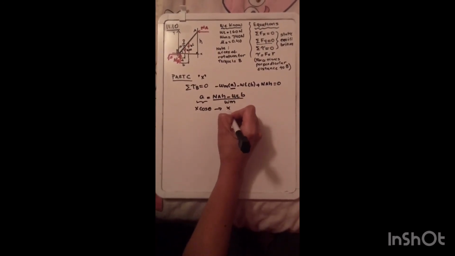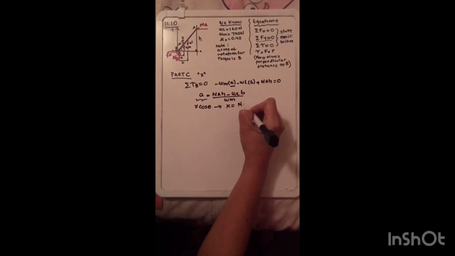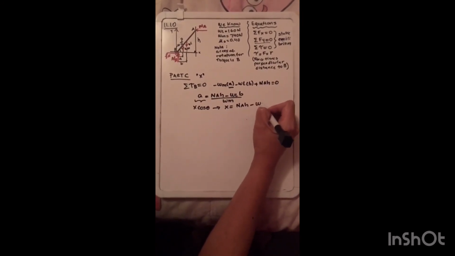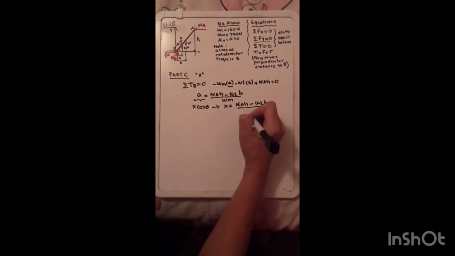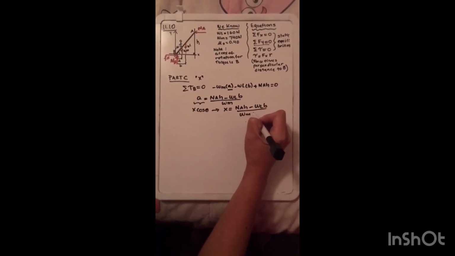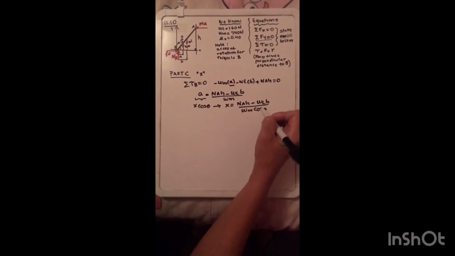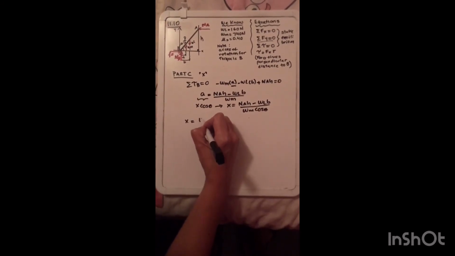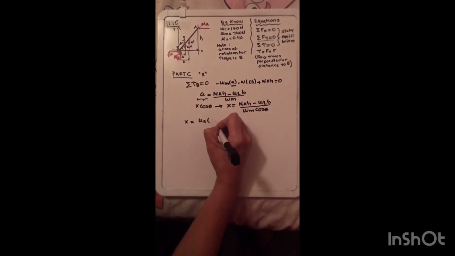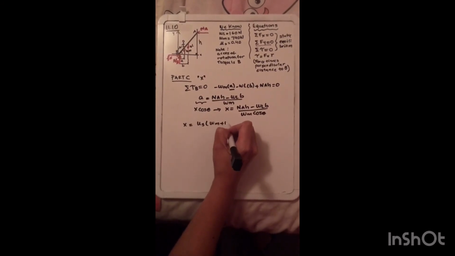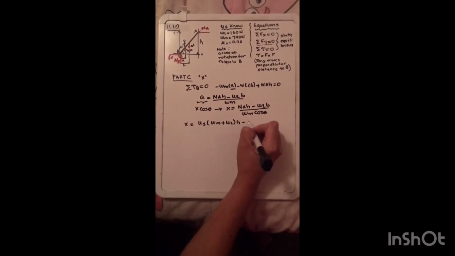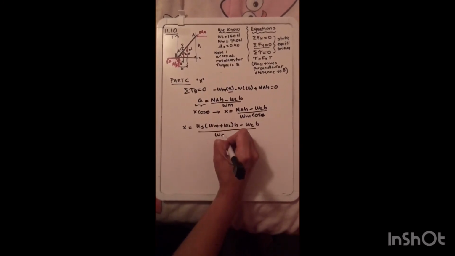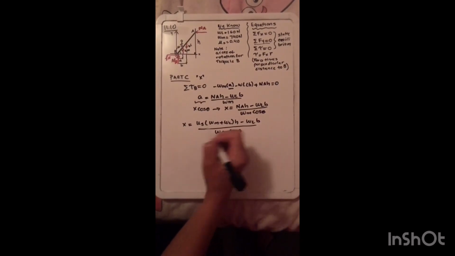So x is equal to the normal force on A times H minus the weight of the ladder times distance B, over the weight of the man times cosine of theta. And this x is the coefficient of static friction times the weight of the man plus the weight of the ladder, times H, minus the weight of the ladder times distance B, over the weight of the man times cosine theta.